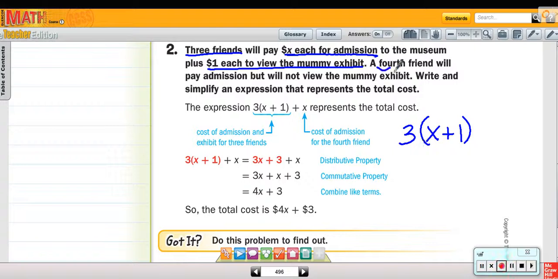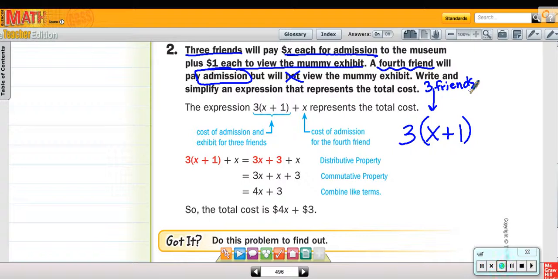Then it says a 4th friend will pay admission, but will not view the mummy exhibit. Write and simplify. They're asking for 2 things. What's my expression? And then simplify it. That represents the total cost. Well, right now, this represents the 3 friends. Right? Yeah. But we still have to pay for that 4th friend.